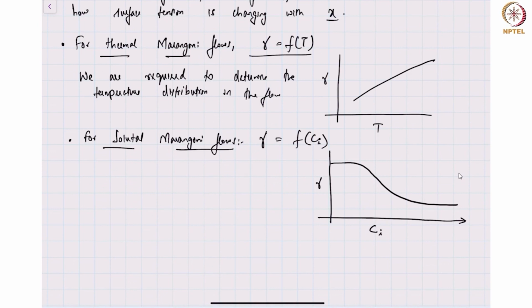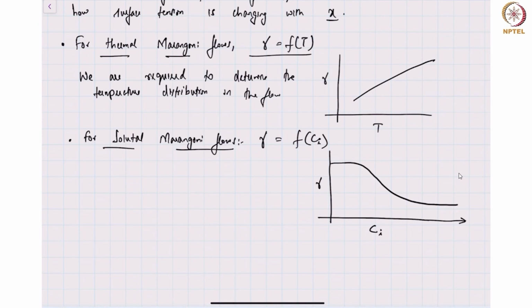As an example, for water, the surface tension value is 72 millinewton per meter. This is for a clean interface. Clean interface meaning the interface between air and water does not have any surfactants, no contaminants. And then you can add soap or surfactants to the system, and surface tension would continuously drop. And for every concentration, you can determine what is the surface tension.